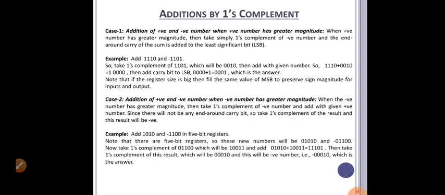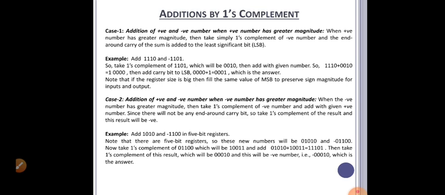In this example, we have to add 1110 with minus 1101. Here the magnitude of the positive number is more than the negative number. So take the one's complement of the negative number, that is 1101.